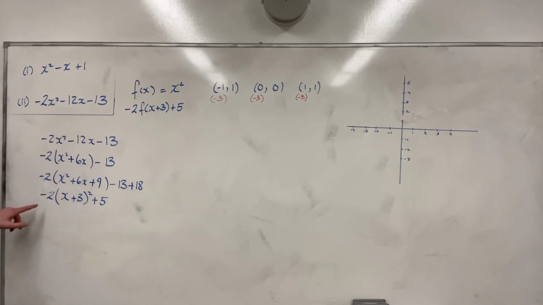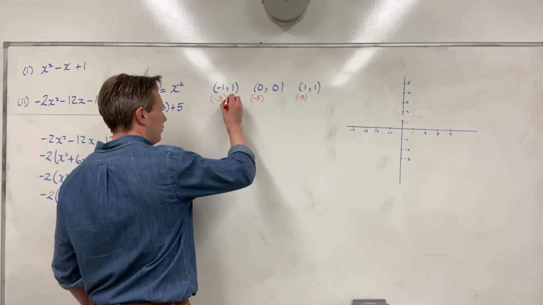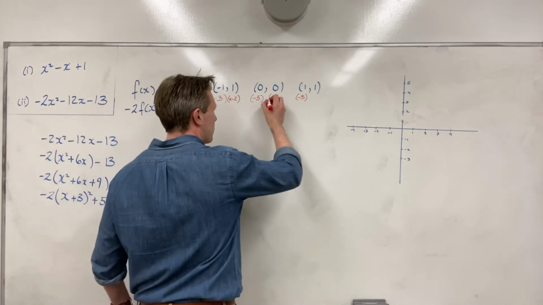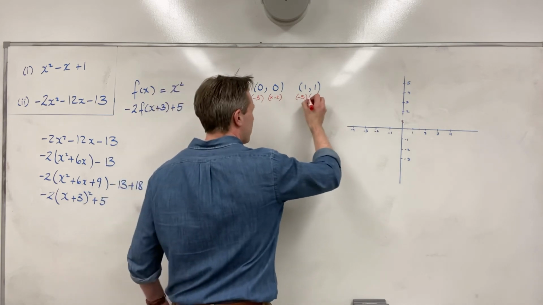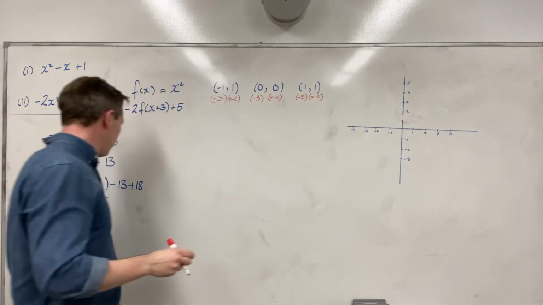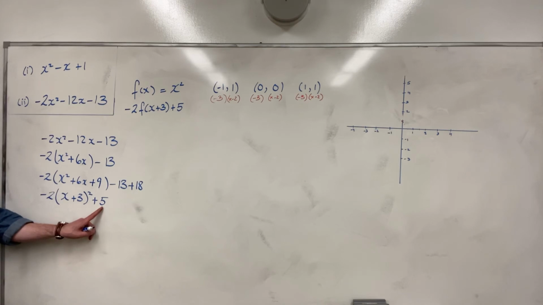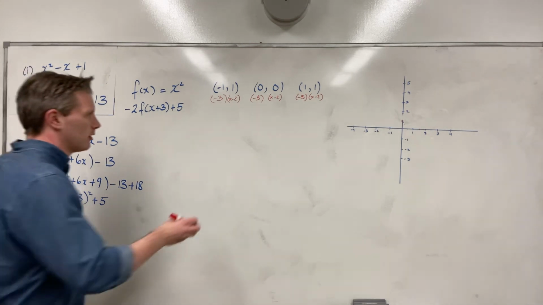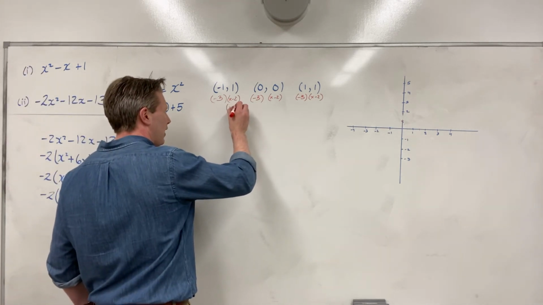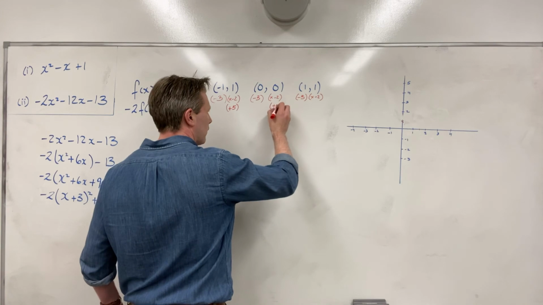The y values are first multiplied by negative 2, because of the reflection about the x-axis and this vertical stretching. And then, because my graph has been vertically translated upwards 5 units, I'm also going to add 5 to all of my y values.